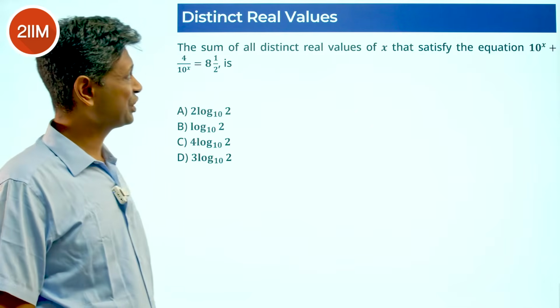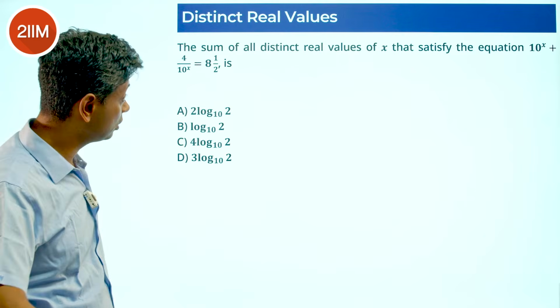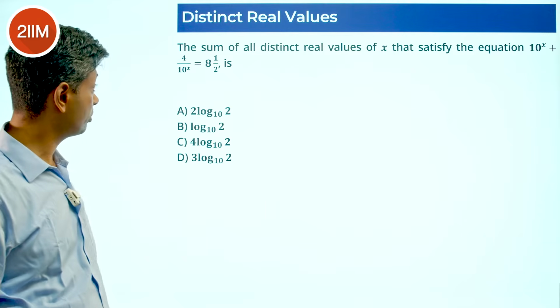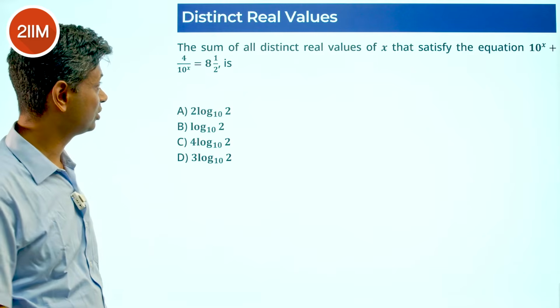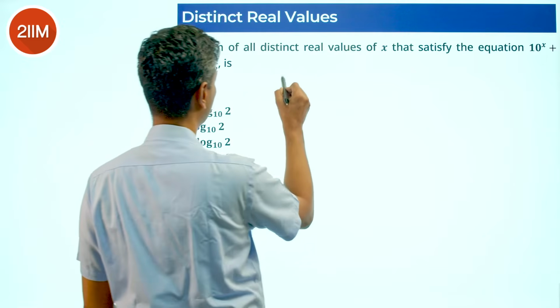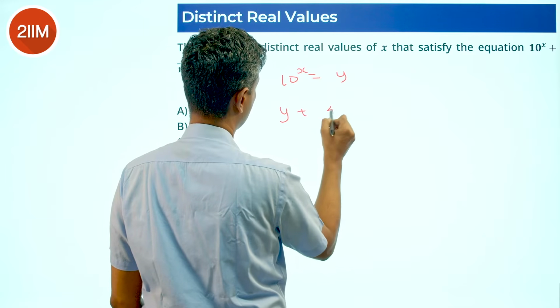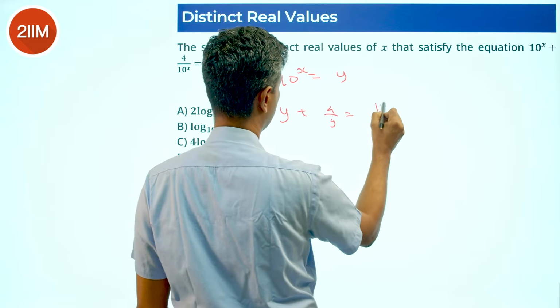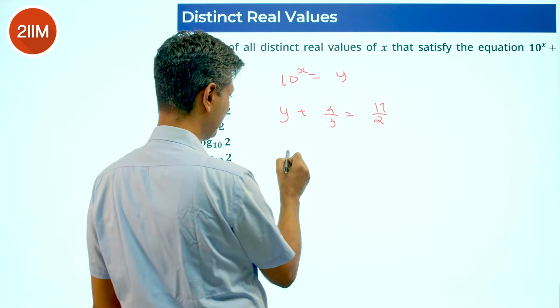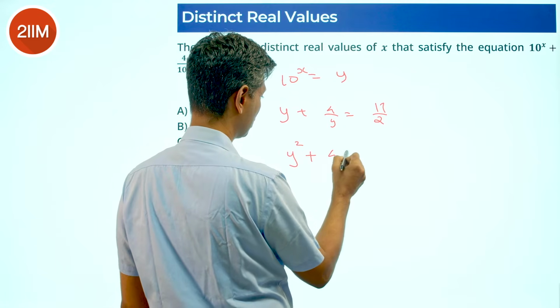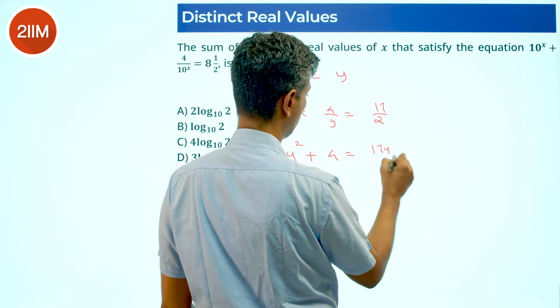The sum of all distinct real values of x that satisfy the equation 10 power x plus 4 by 10 power x is 8.5. Put 10 power x equal to y. We have y plus 4 by y equals 17 by 2. Multiply by y: y square plus 4 equals 17y by 2.